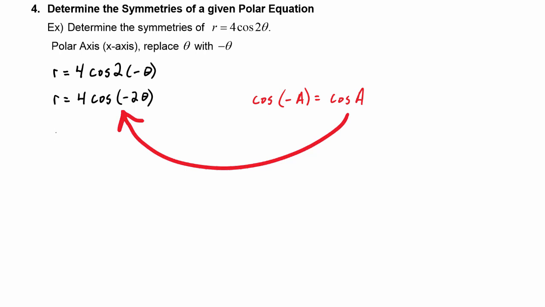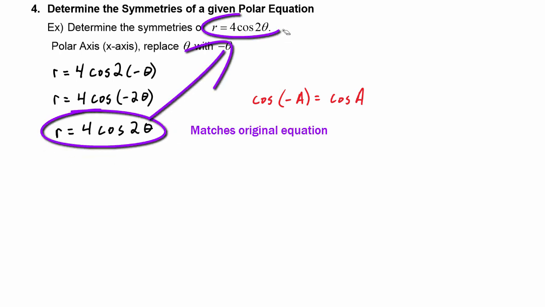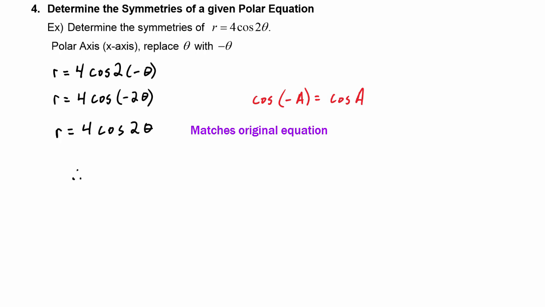So now it becomes r is equal to 4 cosine of 2 theta. And this equation exactly matches the original equation that we started with. So that means, therefore, it has polar axis symmetry.